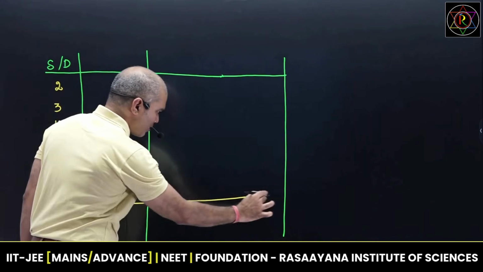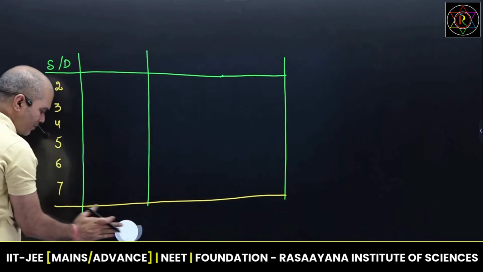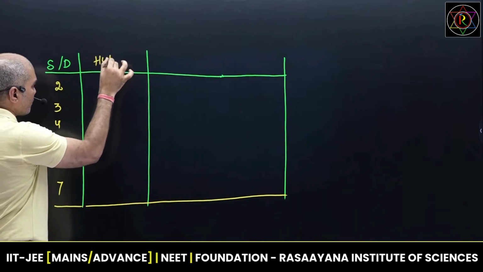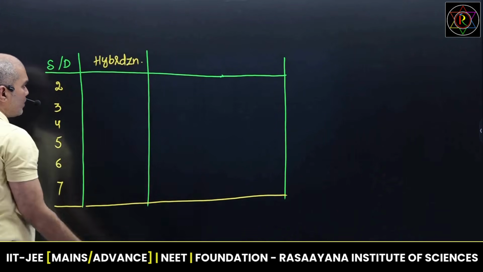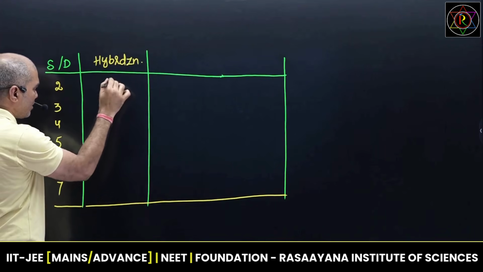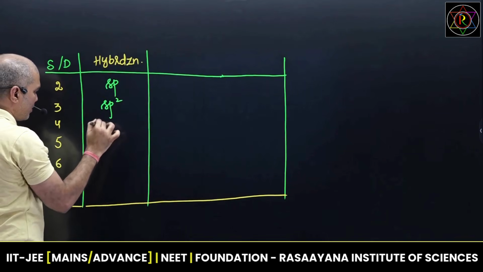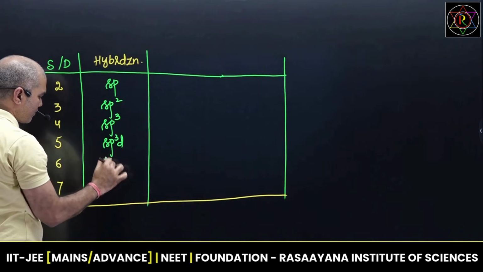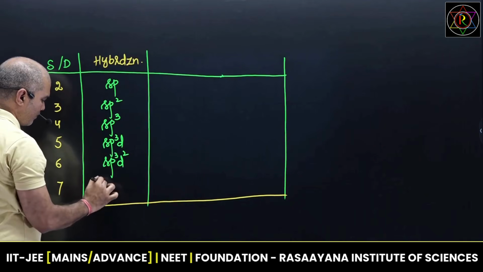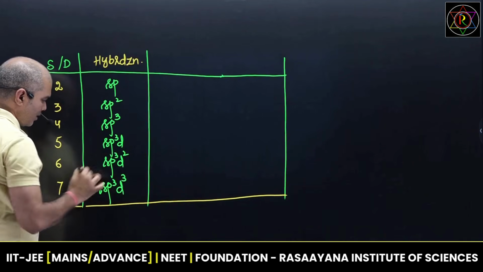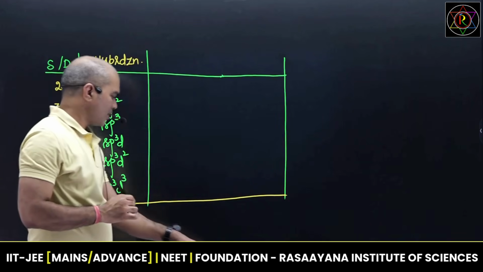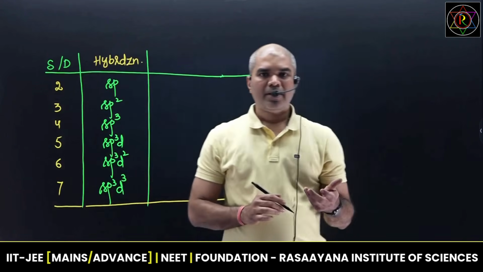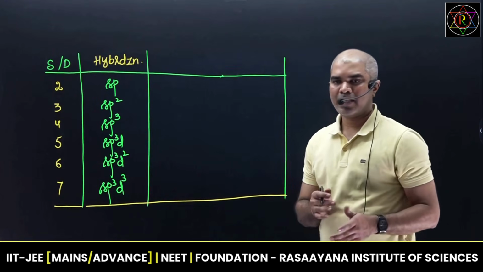Beyond 7 there are a few examples which are discussed as exceptions that we'll discuss later. So for steric numbers 2 to 7, we have different hybridizations. These are sp, sp2, sp3, sp3d, sp3d2 and sp3d3. If you have noticed, there is no dsp2 hybridization here because VSEPR does not consider square planar as a parent geometry. It comes under derived geometry, but it is not a parent geometry.